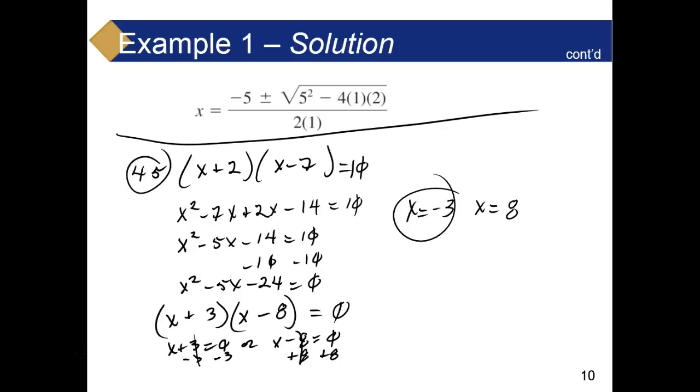This one would be pretty easy to check. Let's do it. Minus 3 plus 2 is minus 1, times 8 minus 3 minus 7, negative 10. So minus 1 times minus 10 is positive 10. That works.